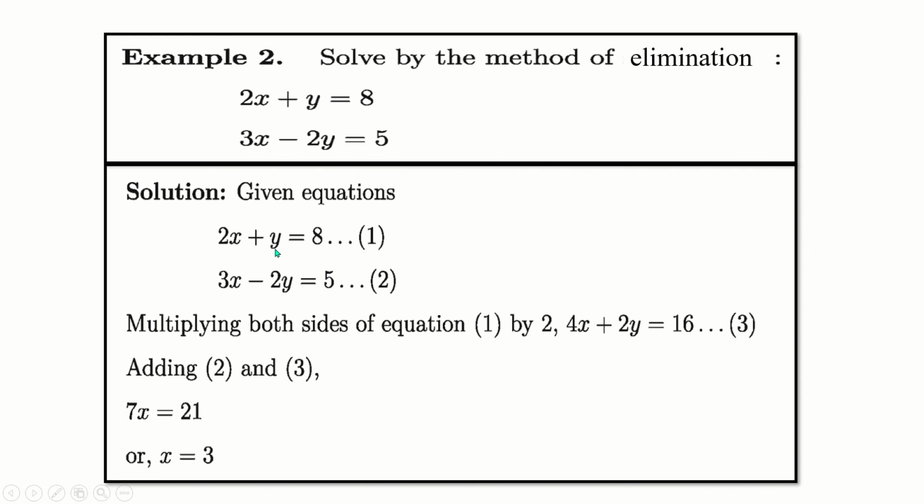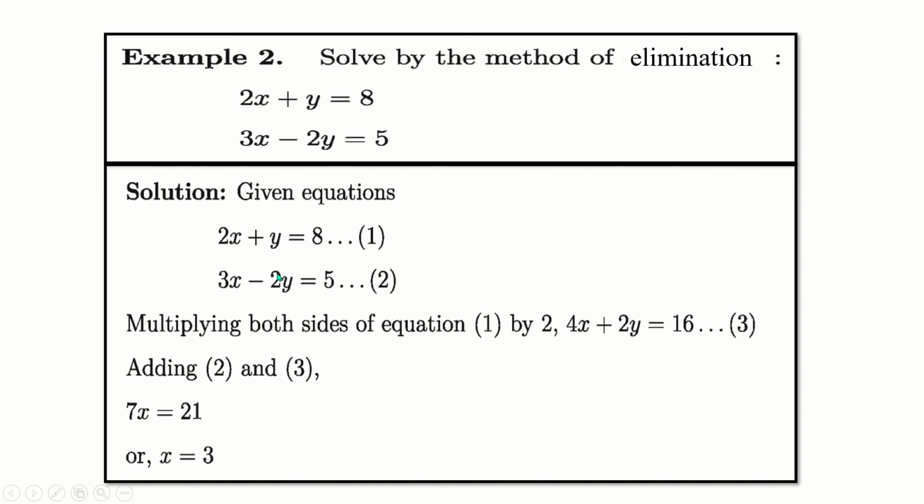So multiplying 1 by 2 and 2 by 1, as a result this equation will be 4x plus 2y equal to 16, and here will be 3x minus 2y equal to 5.